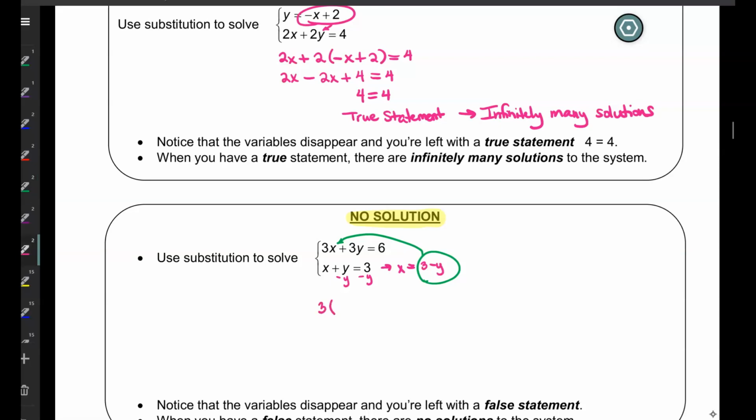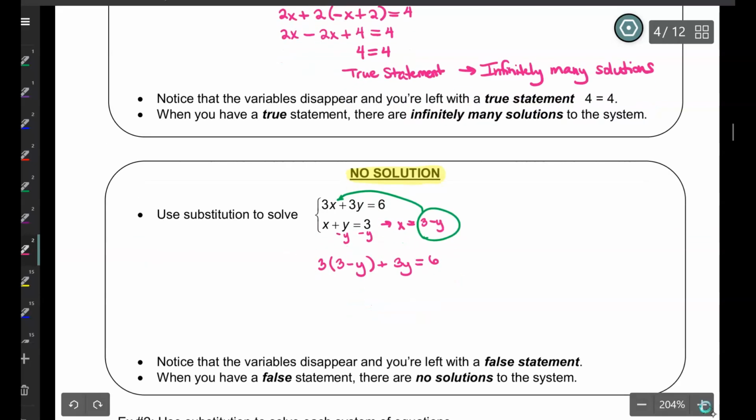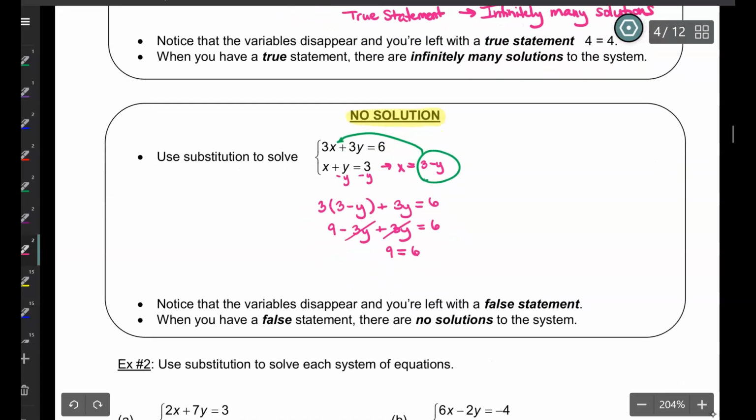Okay, so I have 3 times 3 minus y plus 3y equals 6. So I get 9 minus 3y plus 3y equals 6. So this time the variable disappears, but I end up with a false statement.